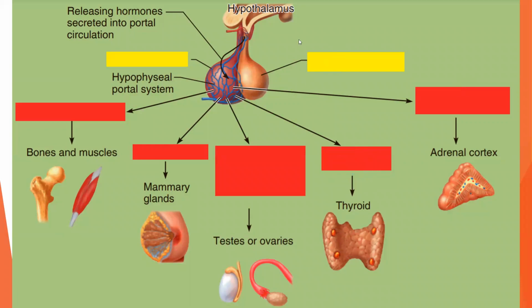Now, what about the hormone that activates the adrenal cortex? This hormone is still produced in your anterior pituitary gland, and it is responsible for activating your adrenal cortex to secrete your glucocorticoids. Anybody from the group?